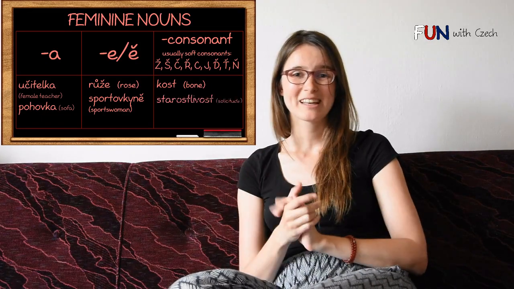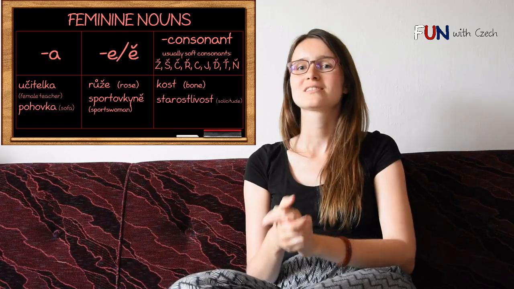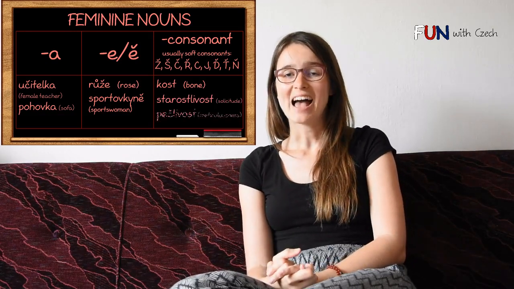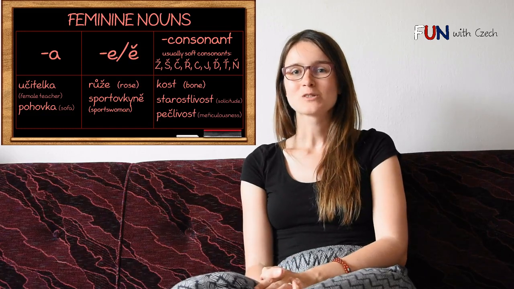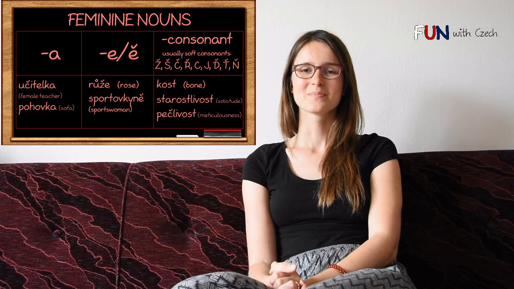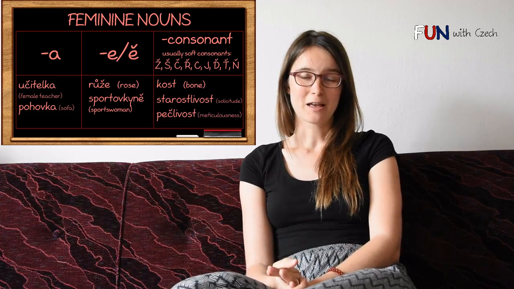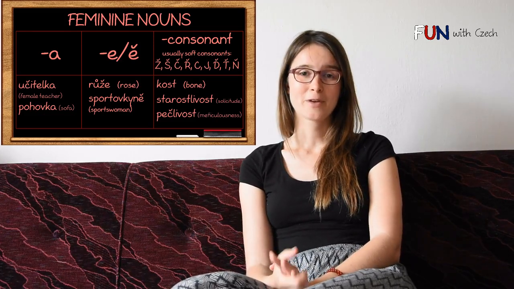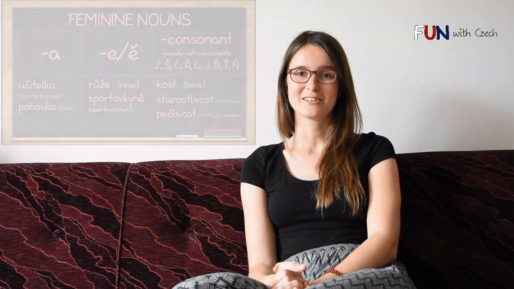So we see all these ost things like kost, they will be declined according to the rules of the word kost, bone. So that's for the feminine words, for the feminine grammatical gender.